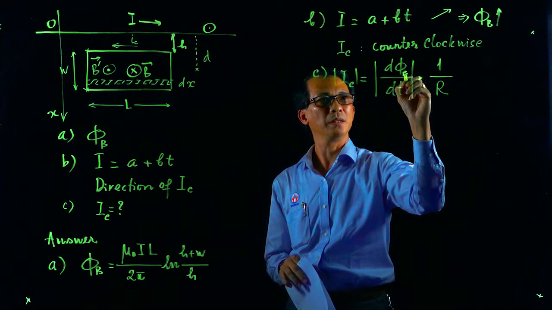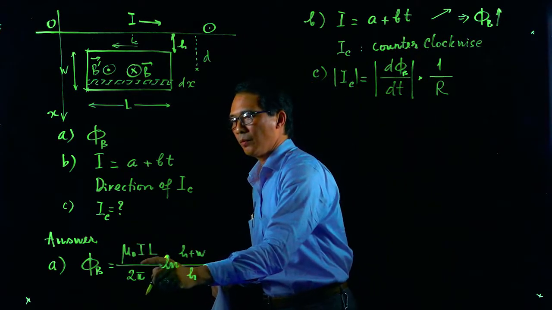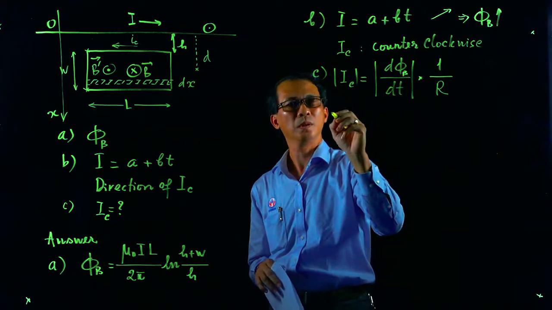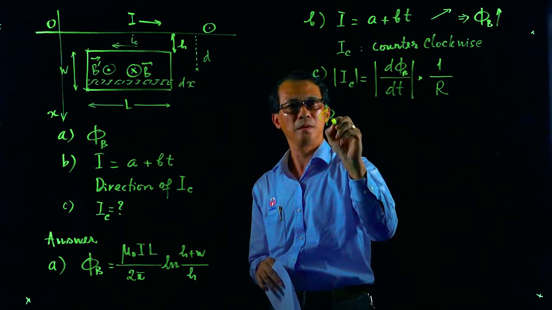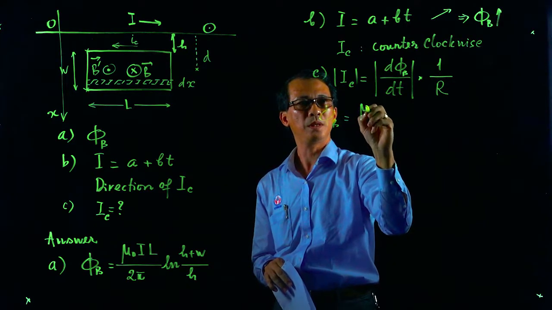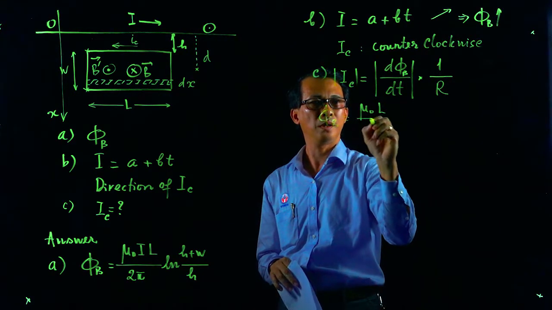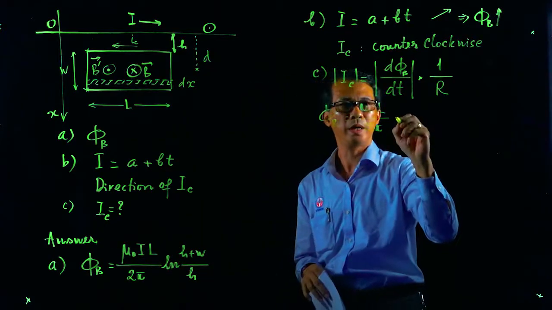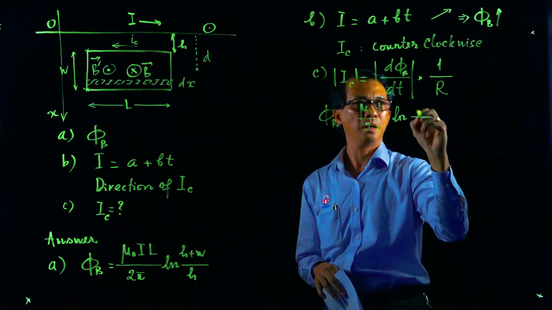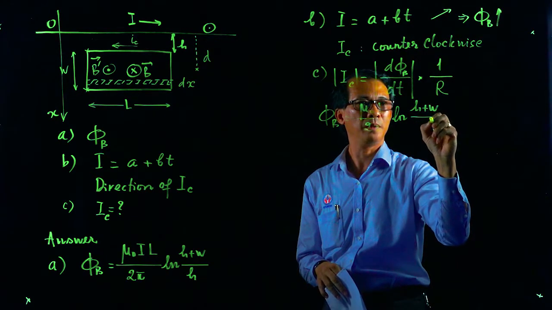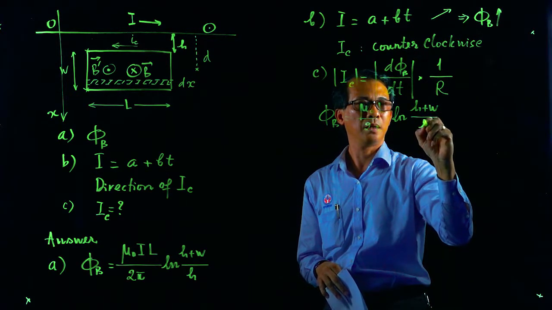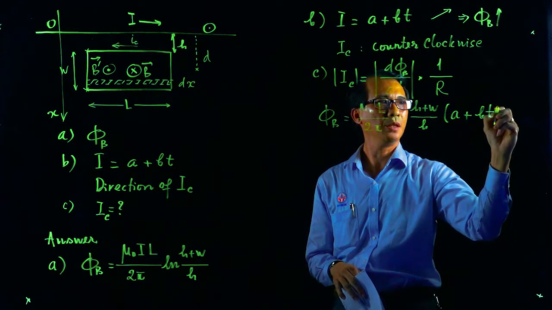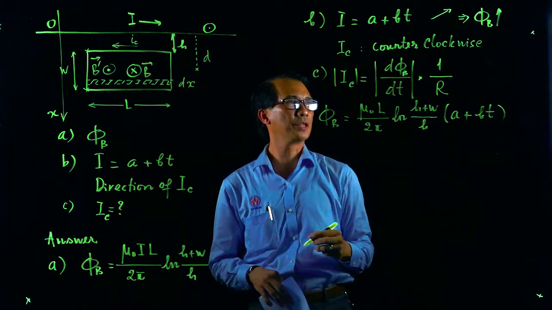So let's calculate this one. This is phi B, sorry. So with the phi B, we have to write phi B now will be mu 0 L over 2 pi, the term here with the logarithm of h plus w over h multiplied with a plus bt for the current.